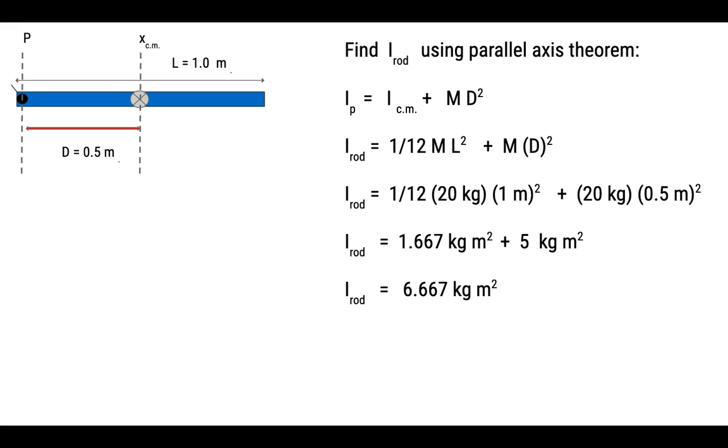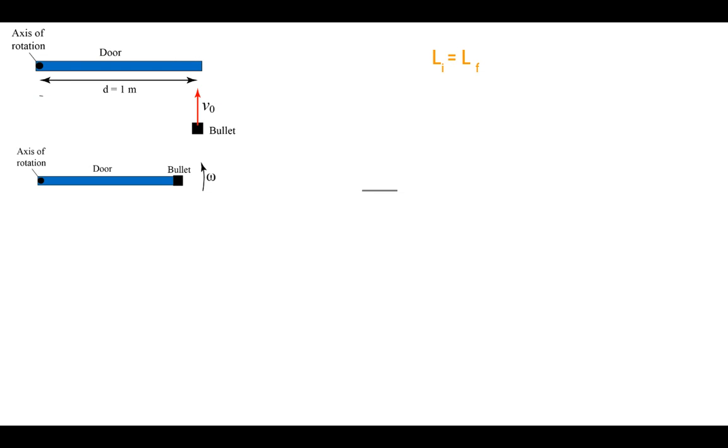Now that we have the moment of inertia for the rod, aka the door, and we're modeling the bullet as a point mass with moment of inertia m r squared, we can use conservation of angular momentum.